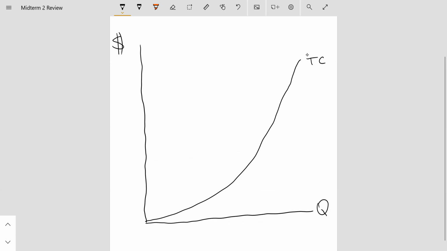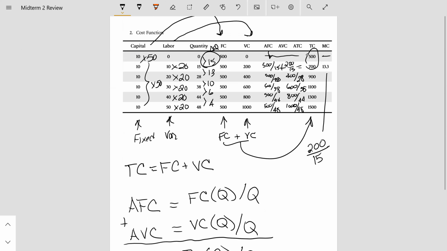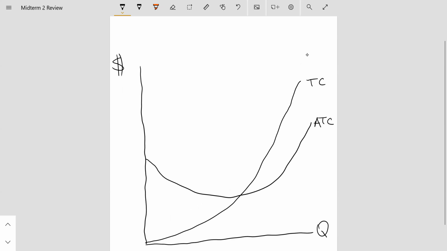So then you get some behavior that looks like this. And then marginal cost maybe it looks something like this. Okay.